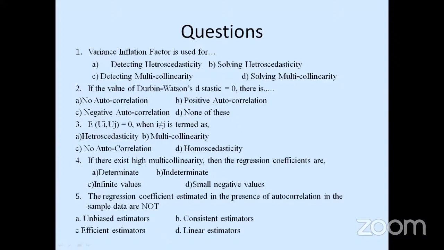Okay, for detecting autocorrelation, what kind of a test is being used, or for detecting heteroscedasticity, what kind of a test is being used? See, if the value of the Durbin-Watson statistic is 0, then what is the meaning of that? Anybody?